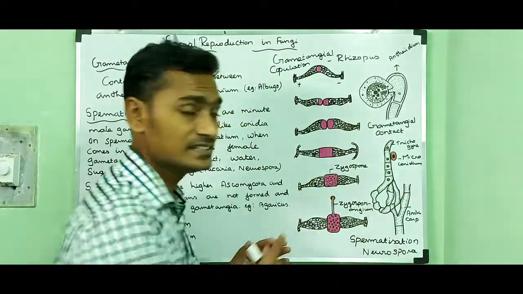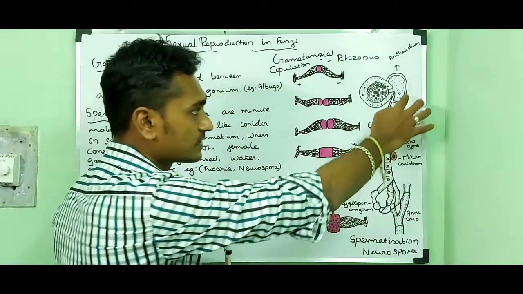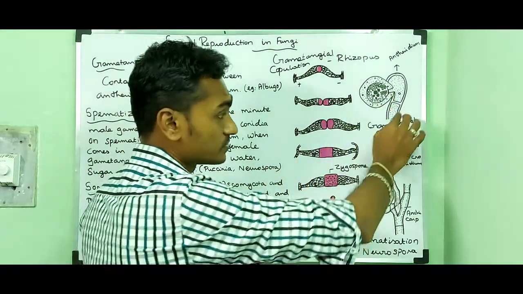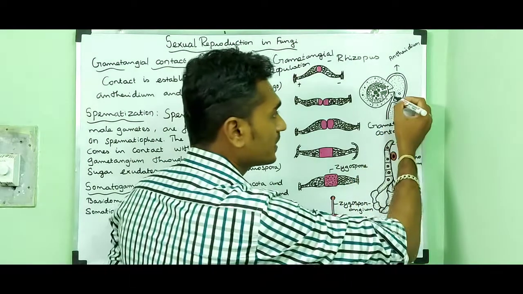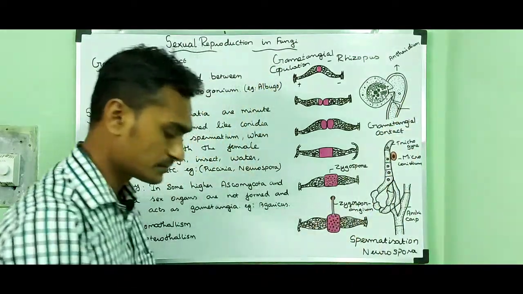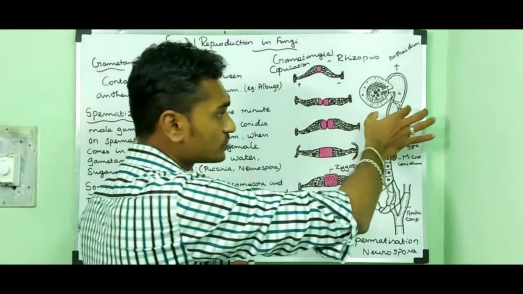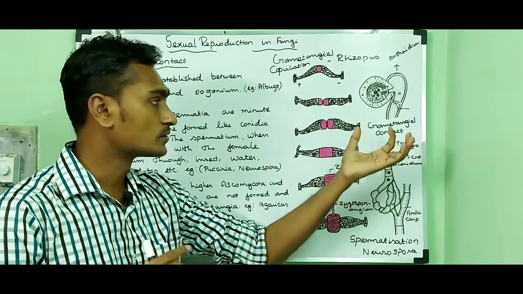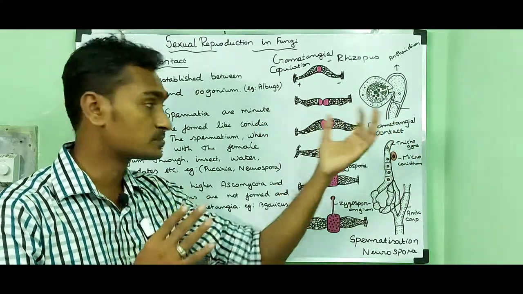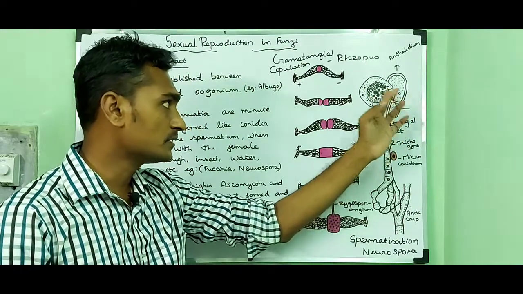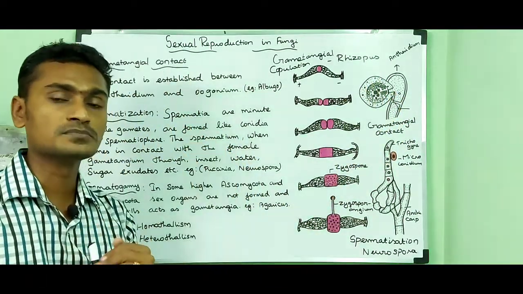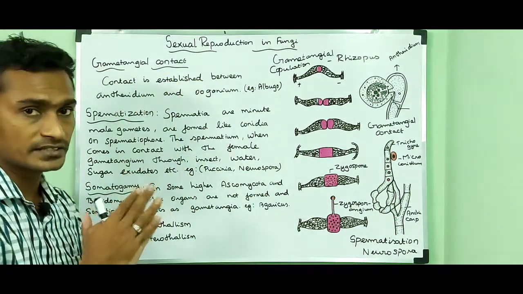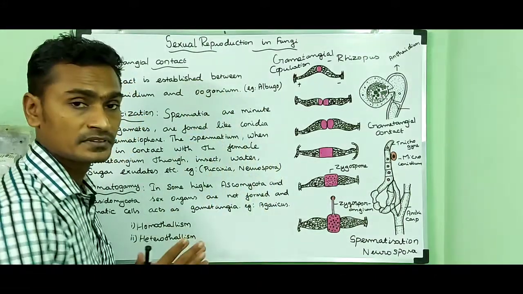Then antheridium releases the male nucleus through a fertilization tube, and that fertilization tube is produced by the antheridium. Then the male nucleus enters into the oogonium, resulting in the formation of zygote. That condition is called gametangial contact. Example is albugo.